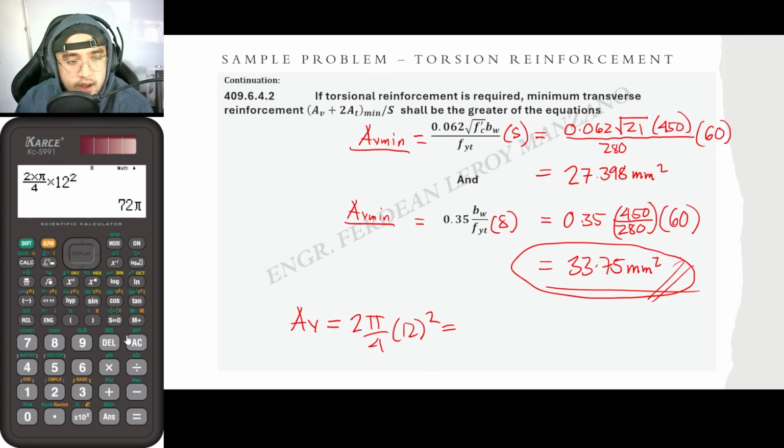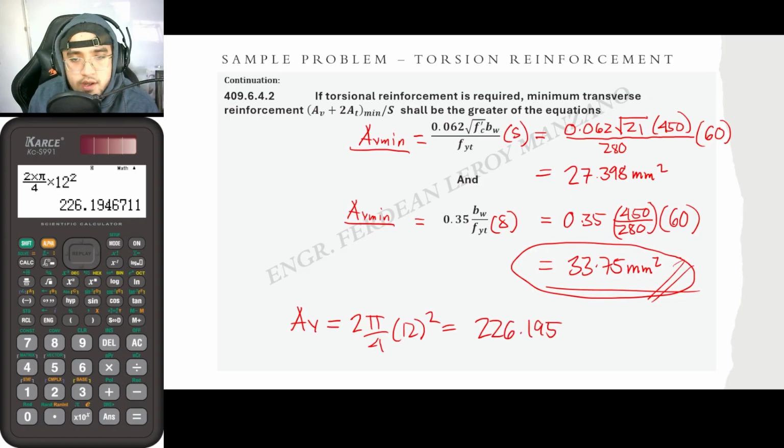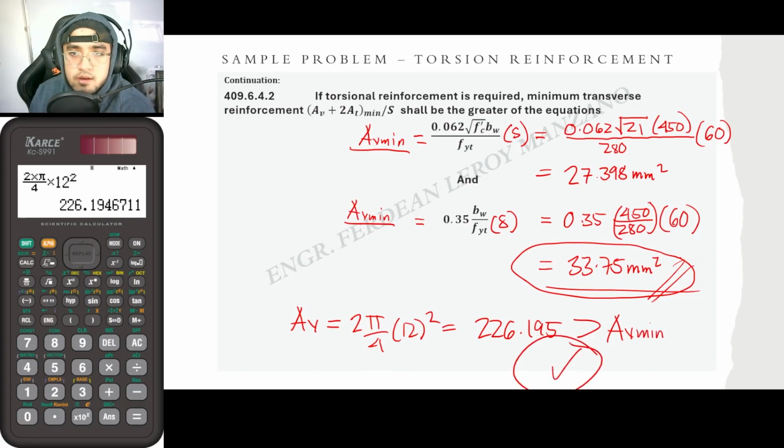So our answer here is 226.195, which is of course greater than AV min. So this checks the box. So that is how you would be designing stirrups in torsion.